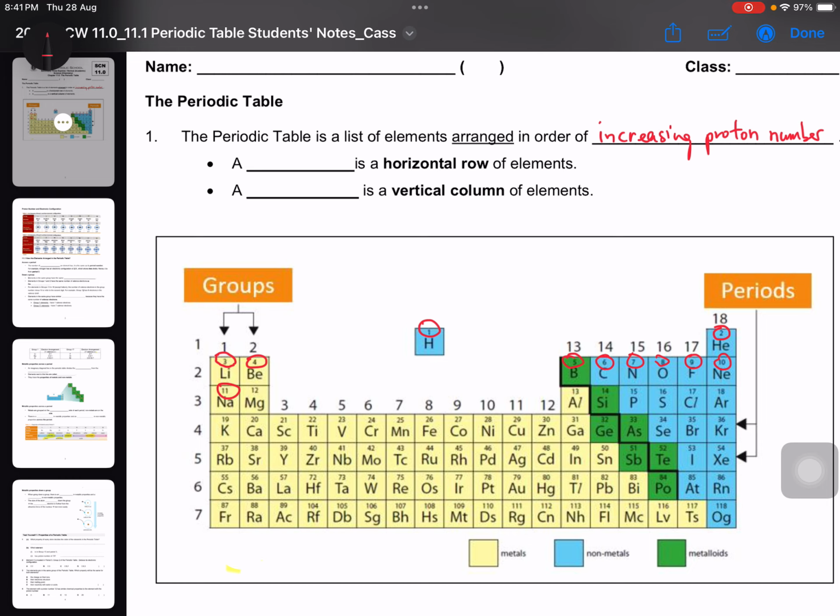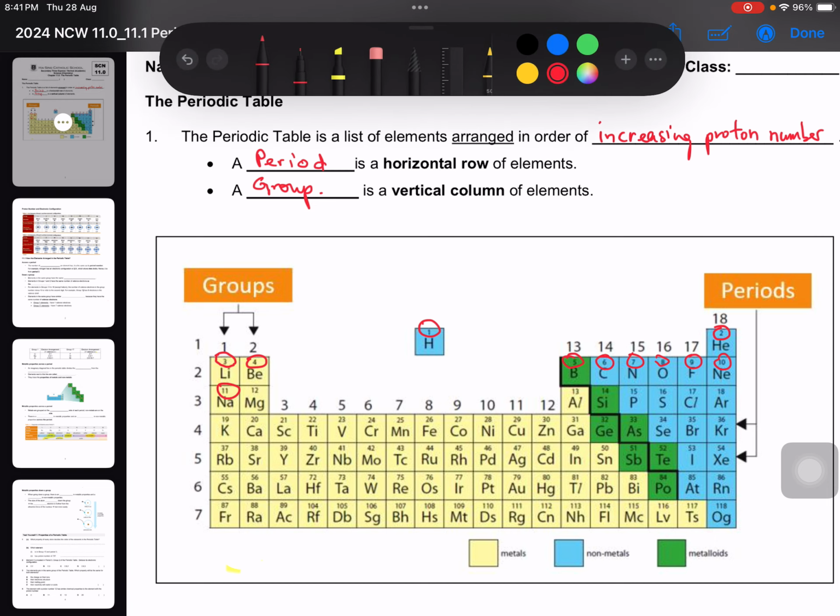Now, a horizontal row of elements is what we call a period, whereas a vertical column is called a group. So which one is a period and which one is a group?